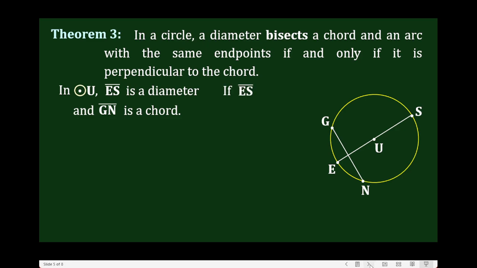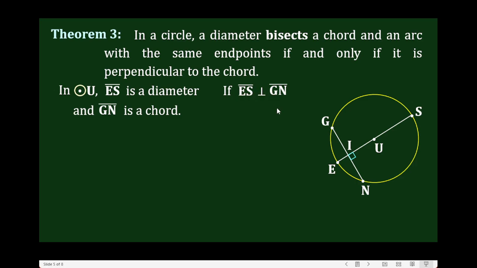Now suppose segment ES, which is our diameter, is perpendicular to segment GN, meaning these two segments intersect each other at a right angle, as indicated by a small square drawn at the corner, and their intersection is at point I.